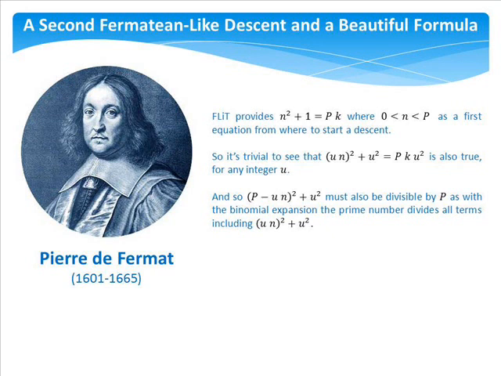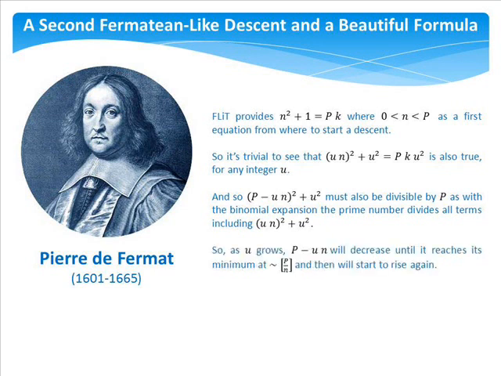As with the binomial expansion, the prime number divides all terms including the square of u times n plus u squared. So, as u grows, p minus u times n will decrease until it reaches its minimum at around the p over n ratio, and then will start to rise again. Let's see a couple of examples.